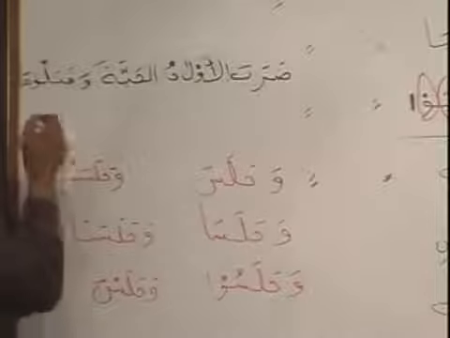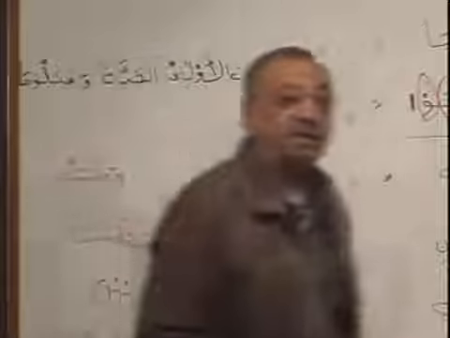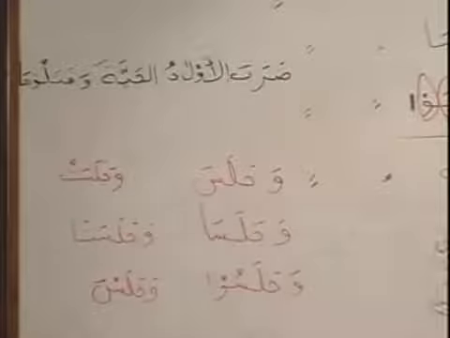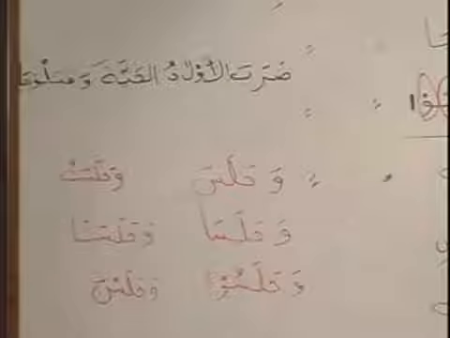Okay, I went right at the end. Wa katalu ha. Look at katalu ha. Where is the verb? Katalu, with dhamma. Where is the file? Al-waw. And then what is ha? Mafulun bihi. Where does ha go to? Hayyata. Where does that waw go to? Al-awladu. Sahi? It's clear, inshallah?